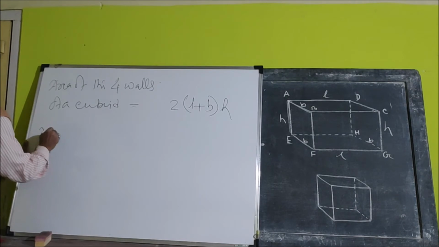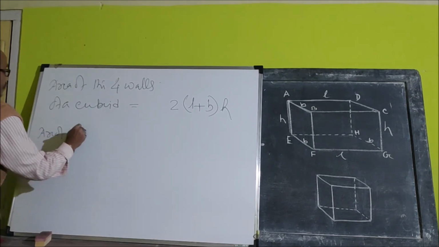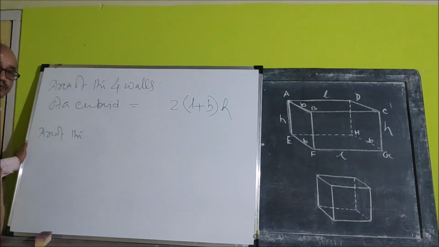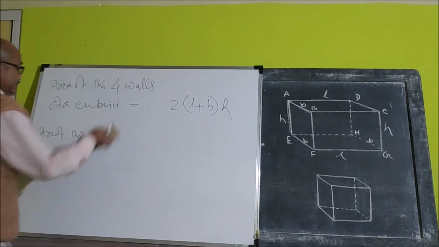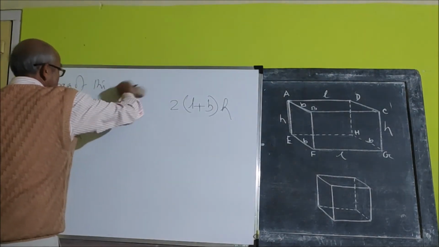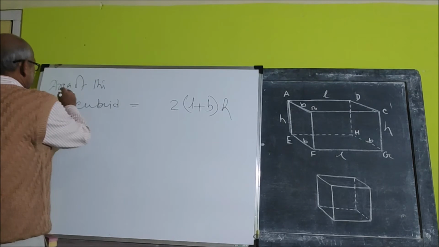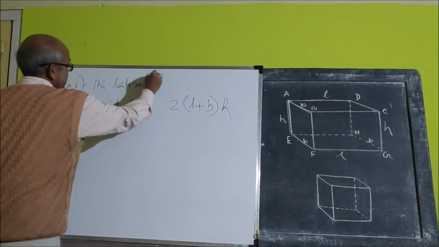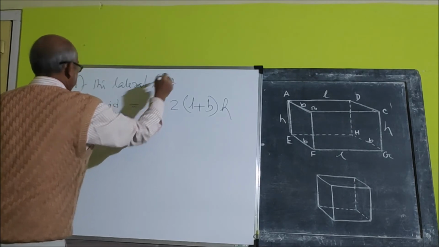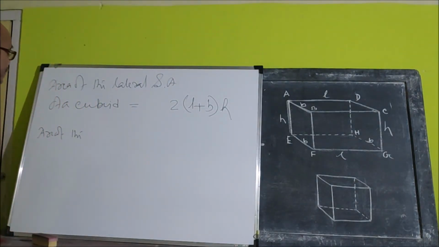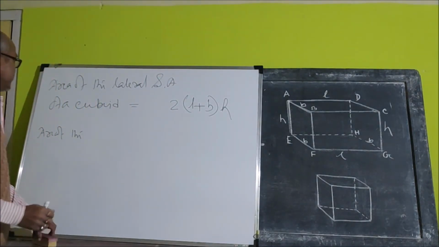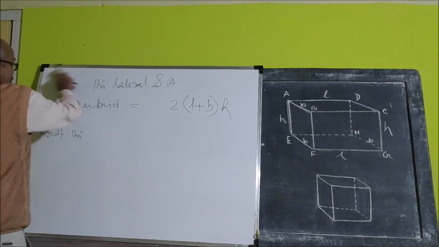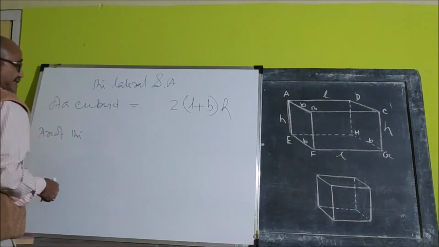Area of the 4 walls means lateral surface area of a cuboid. The lateral surface area of a cuboid means that one, like this.